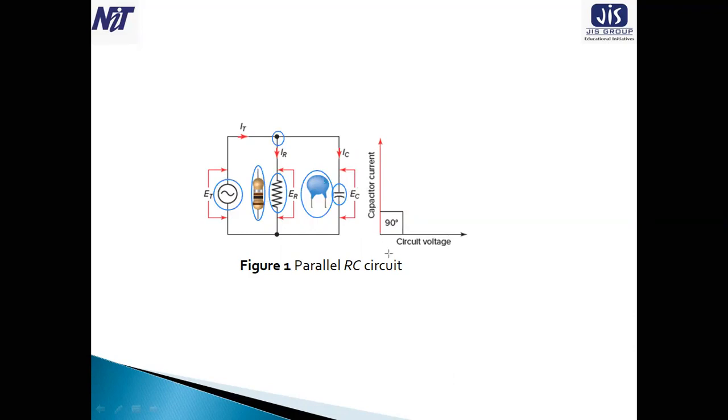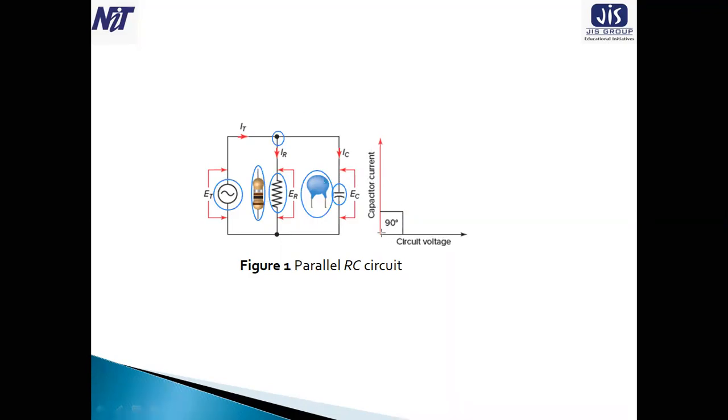We already talked about the relation between the capacitive current and the circuit voltage. We know that current leads by 90 degrees in a purely capacitive circuit. So this is the phasor diagram.